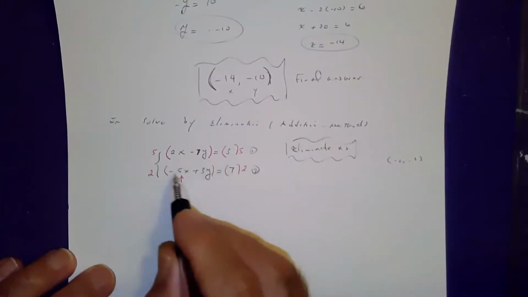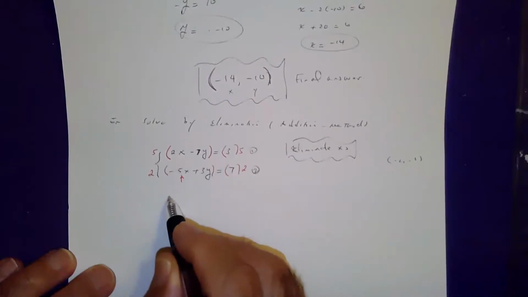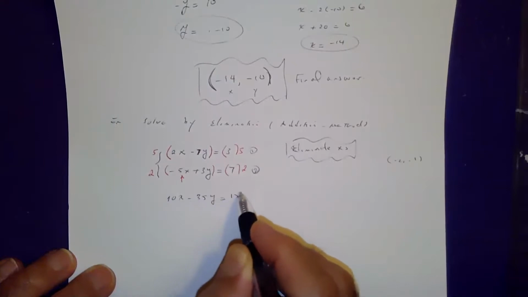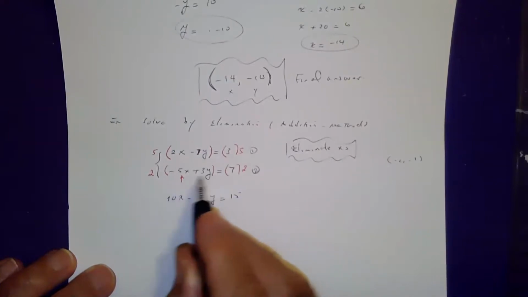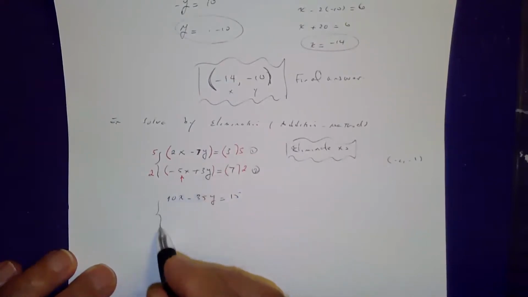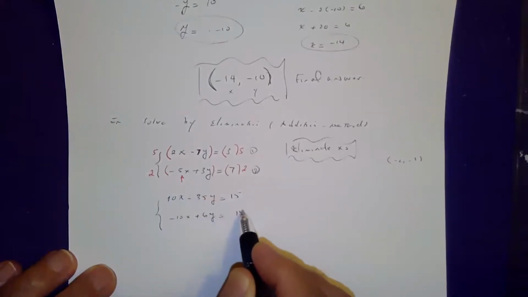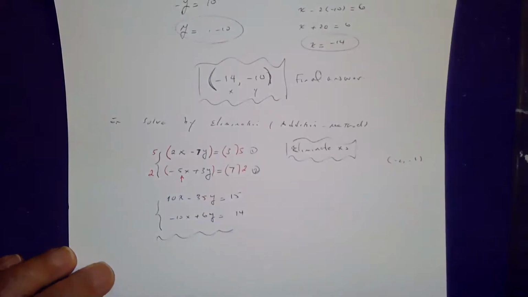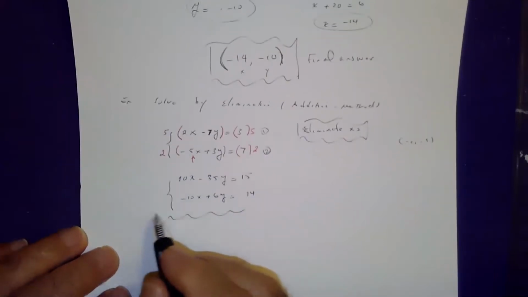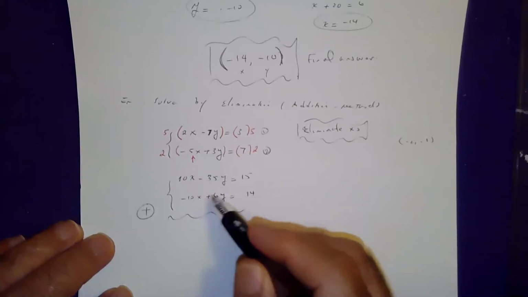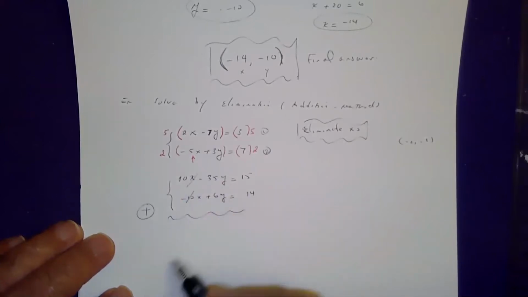Anyways, if you multiply the first equation by 5, both sides, you get 10x minus 35y is equal to 15. You multiply both sides of equation number 2 by 2, you get negative 10x plus 6y is equal to 14. Do you all see it? Now, when you add these equations up, that means you combine the like terms on the left. These guys add up to 0.